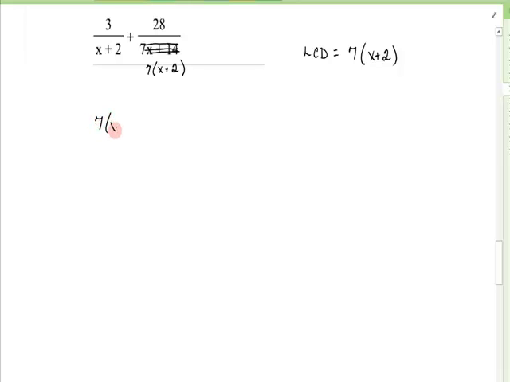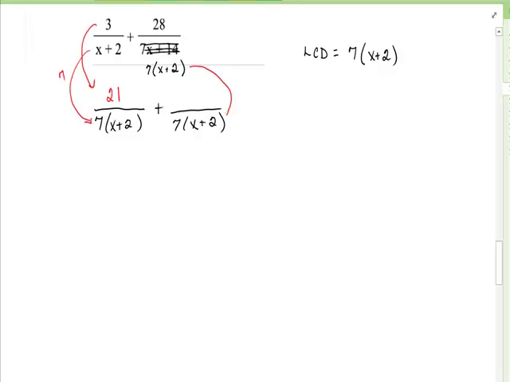So I have 7 times x plus 2, 7 times x plus 2. Compare. What do you have to multiply x plus 2 by to get 7 times x plus 2? I think it's pretty obvious that you need to multiply it by 7. So do the same thing to the top. 7 times 3 is 21.